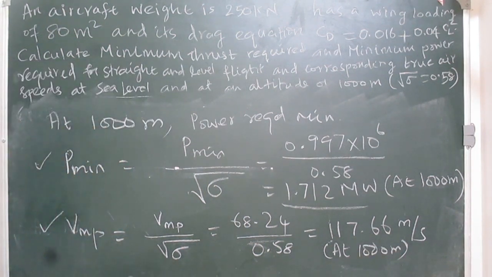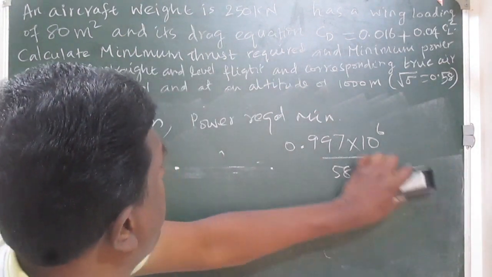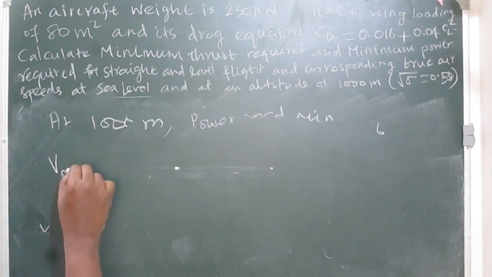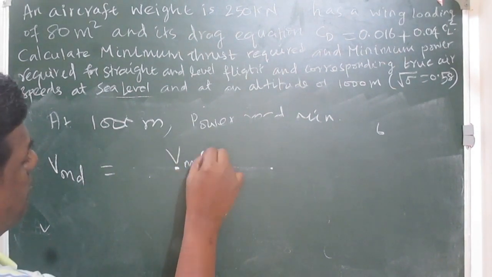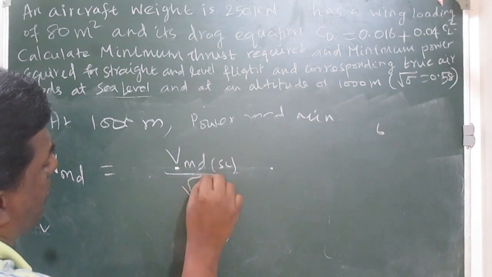Similarly, if you want, we can find the minimum drag velocity. The velocity of minimum drag at 1000 meter is nothing but the velocity of minimum drag at sea level divided by root sigma.